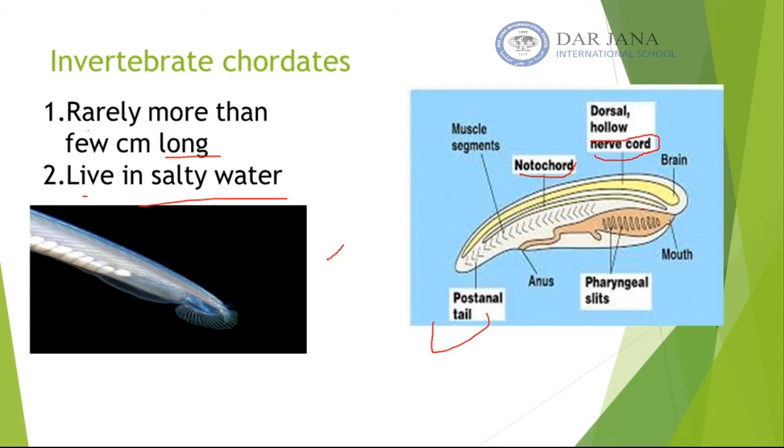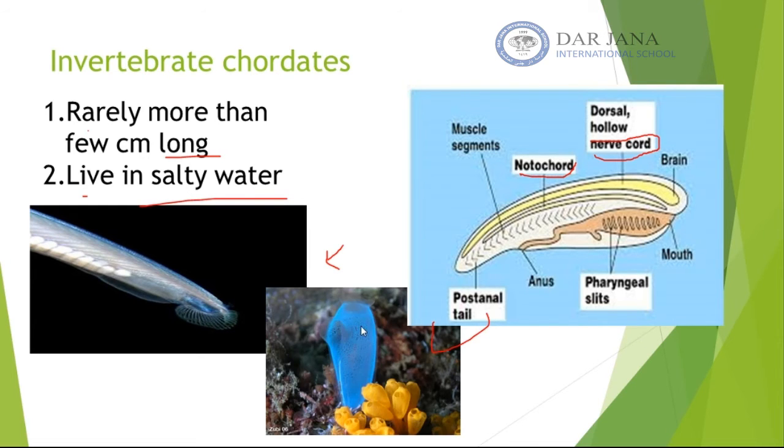So this is lancelet. Okay, now I will show you also a tunicate. This image here showing you how the tunicate looks like. Also, if you want to see the anatomy for it, you will be able to see that it also have the 4 characteristics of chordate.